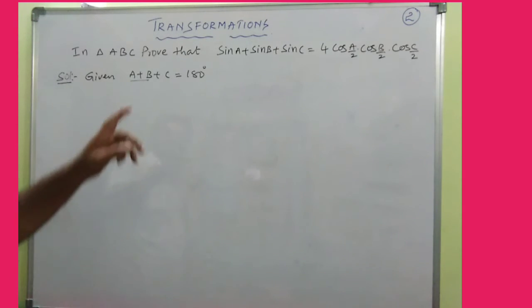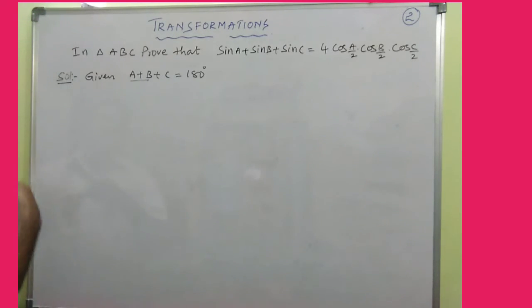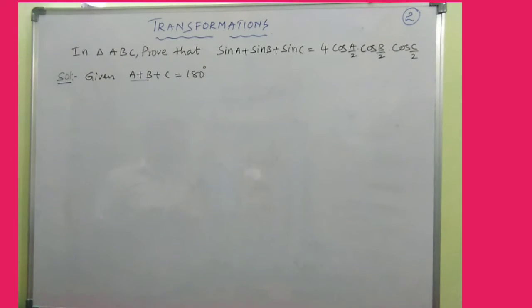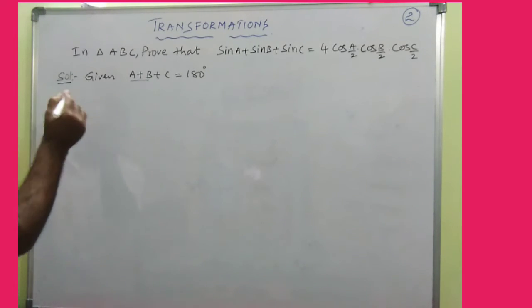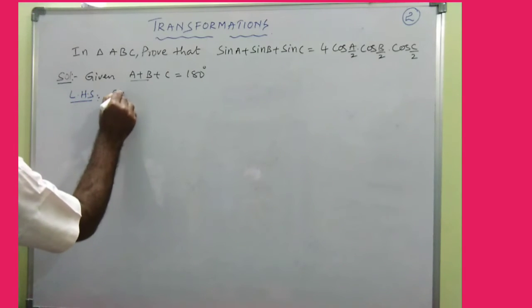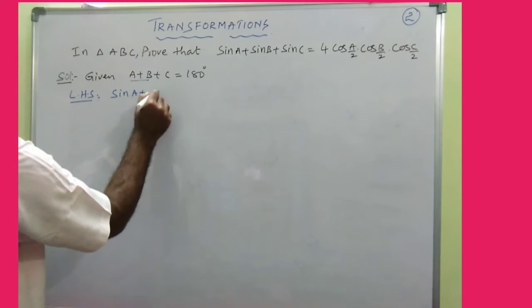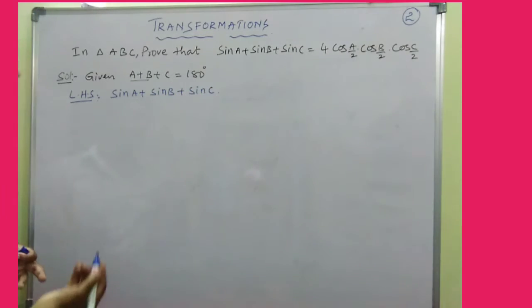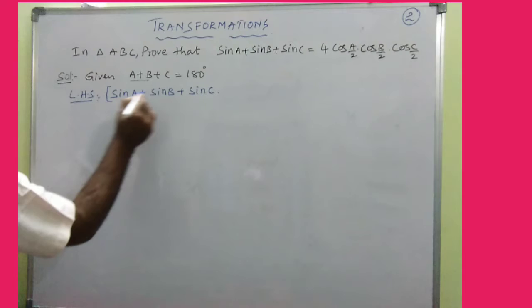Okay, so once again, provided in triangle ABC, the sum of the angles A plus B plus C is equal to 180 degrees. Then coming to LHS, which is sin A plus sin B plus sin C. Once again you can consider the sum of any two.